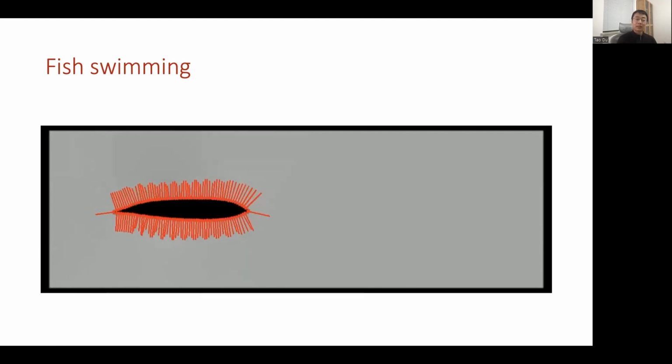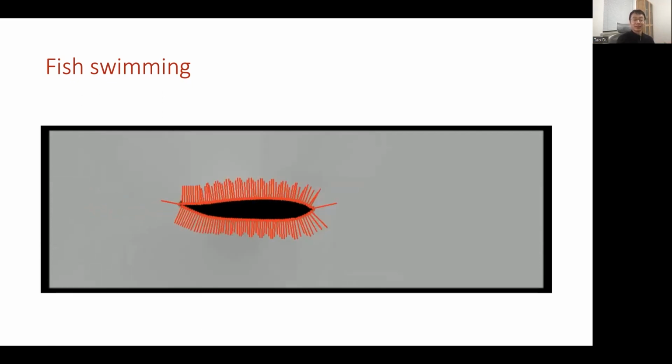So here we have a two-dimensional fish, black fish, something that is basically wiggling its tail. And it is immersed in water indicated by the gray area. And the red arrows here along the interface indicate a computed force from the fluid imposed on the surface of the black fish, computed from its pressure and velocity.